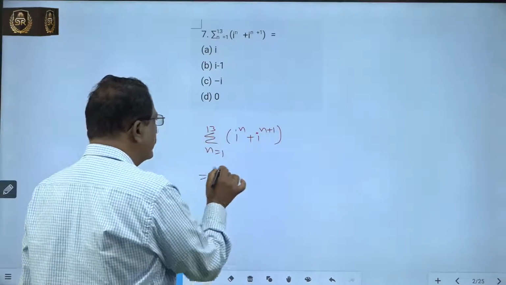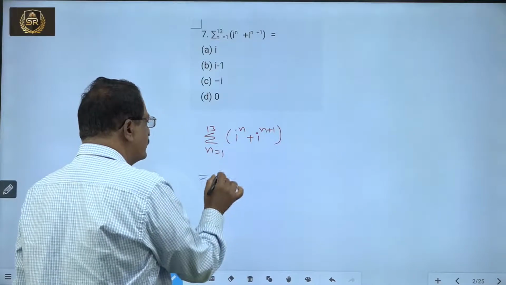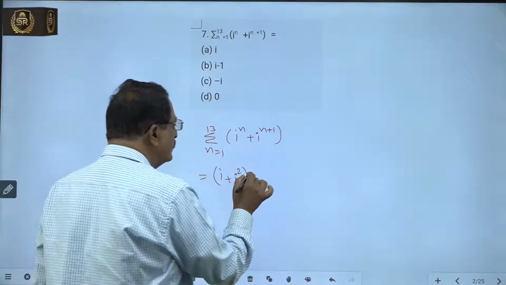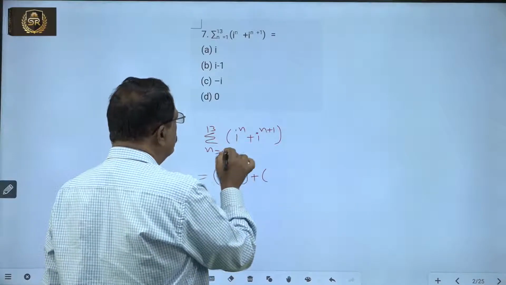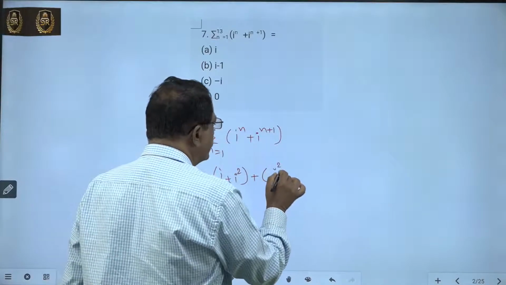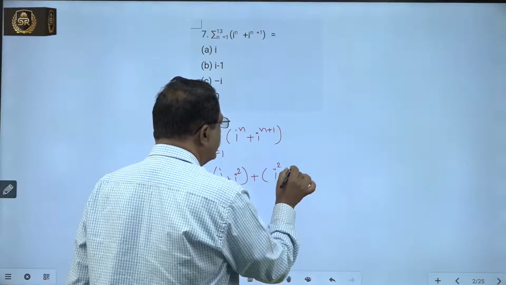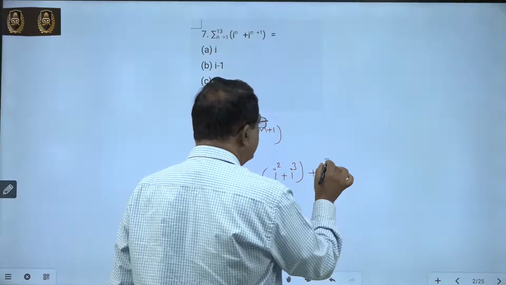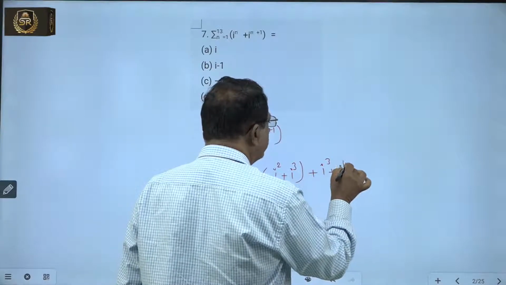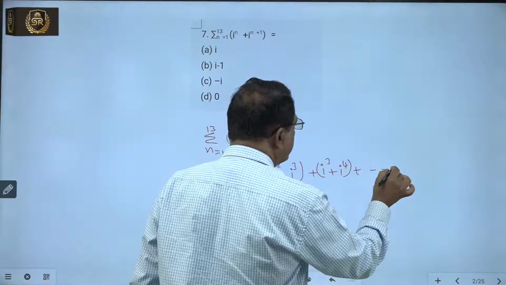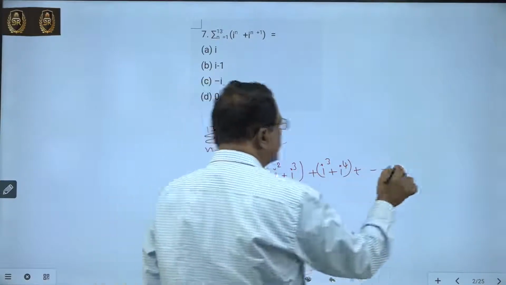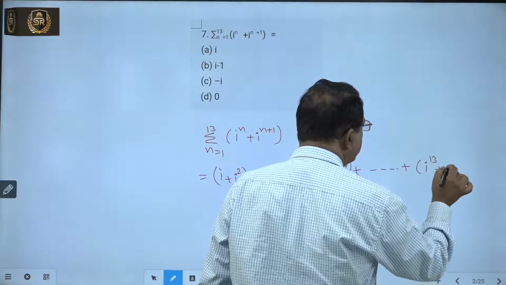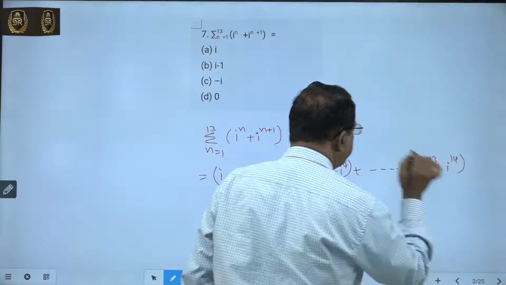For the first term, n equals 1, substitute: i plus i squared. Then n equals 2: i squared plus i cubed. Next n equals 3: i cubed plus i to the power of 4, and so on, up to n equals 13: i to the power of 13 plus i to the power of 14.